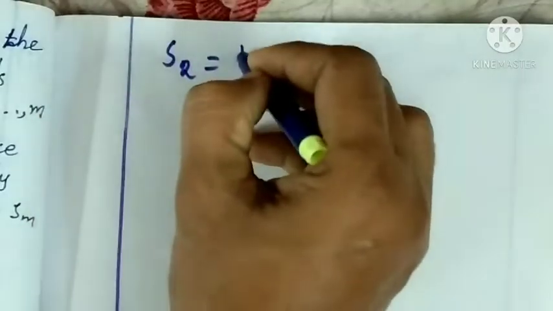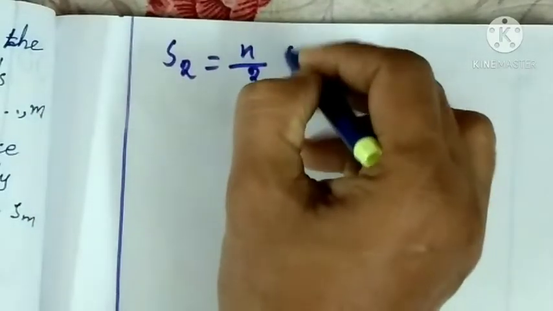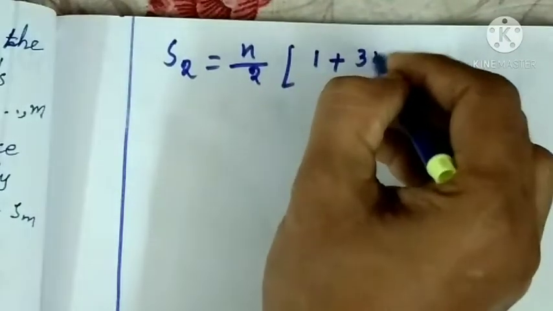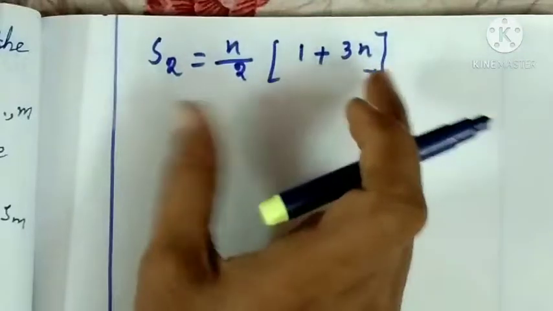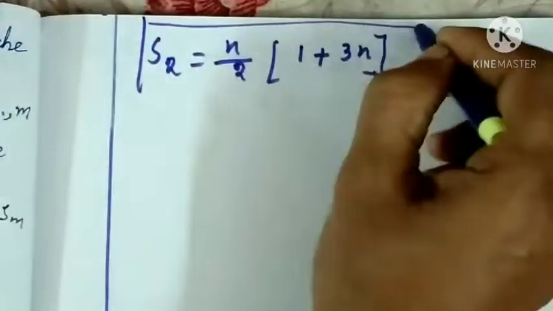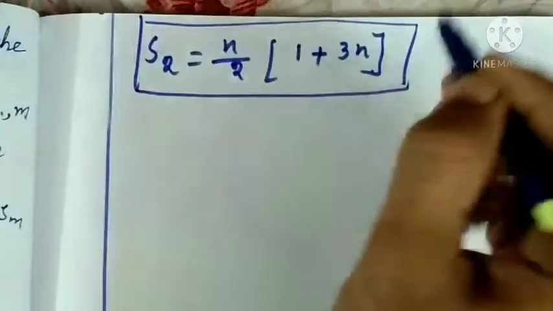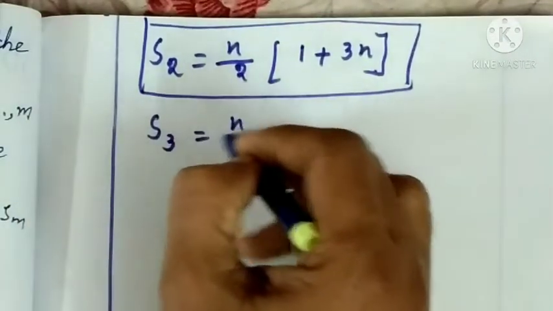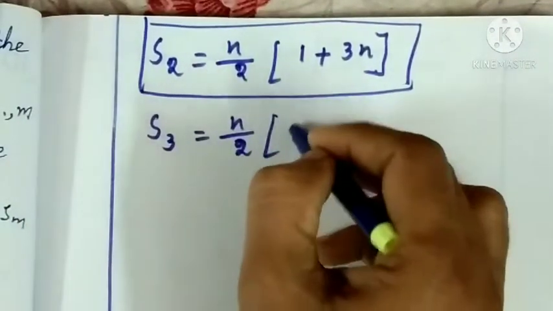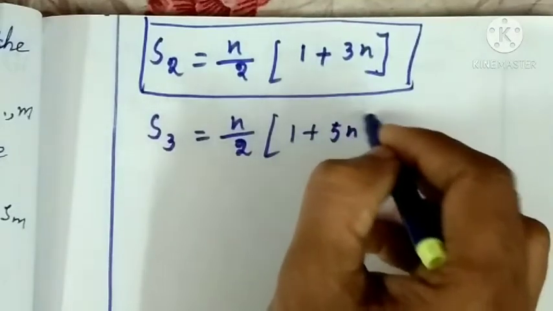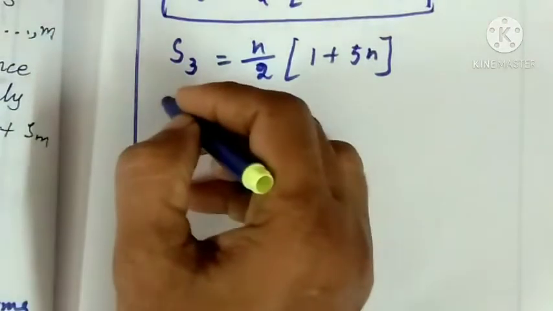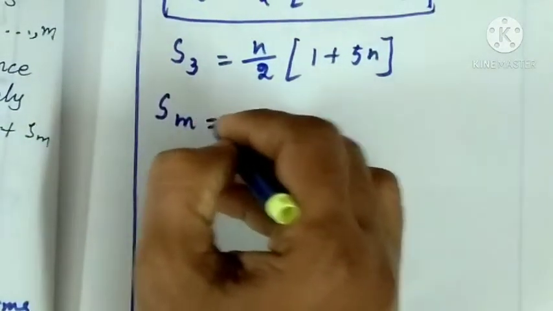S2 is equal to n by 2 into 1 plus 3n. So this is the term of S2. Similarly, you have to write the term of S3, that is n by 2 into 1 plus 5n, because it forms an AP. Now we have to find the last term, that is Sm is equal to.